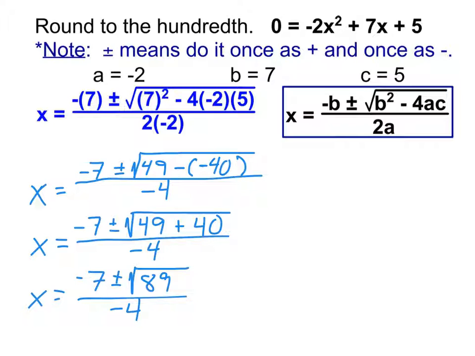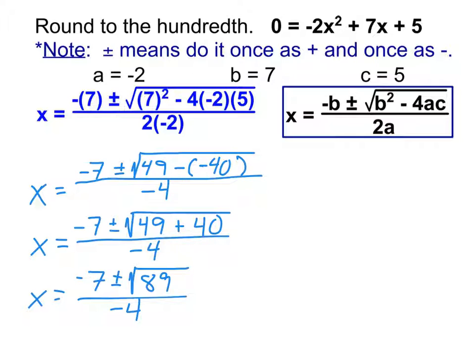If you leave off this line, you're going to make a sign error in all likelihood. If you leave off this line, you won't even know what you're calculating. So this is the only one that you can actually possibly leave out. And that's only because we could actually say, well, 49 minus negative 40 gives me 89. We can go ahead and do it with the negatives in there as a way to do it. All right.